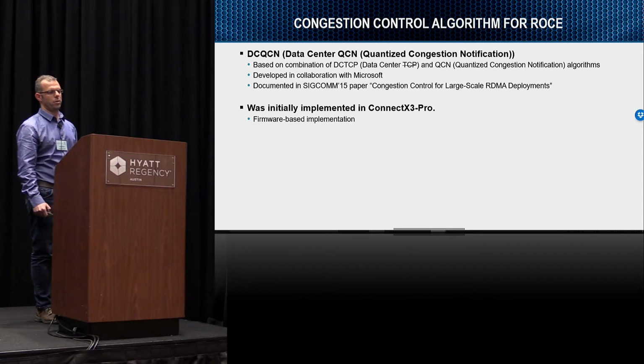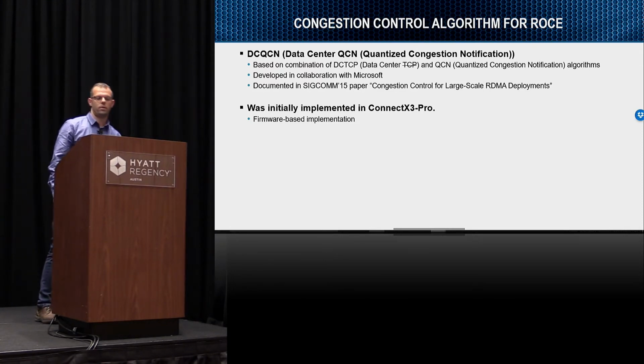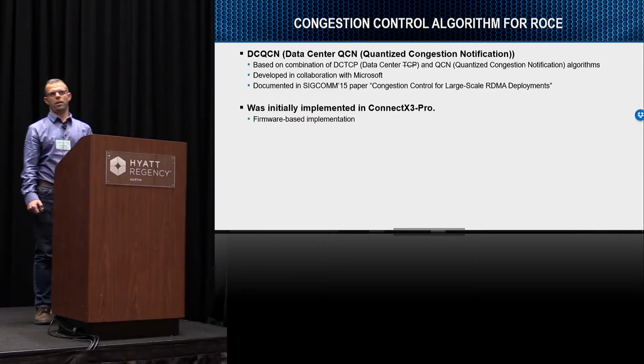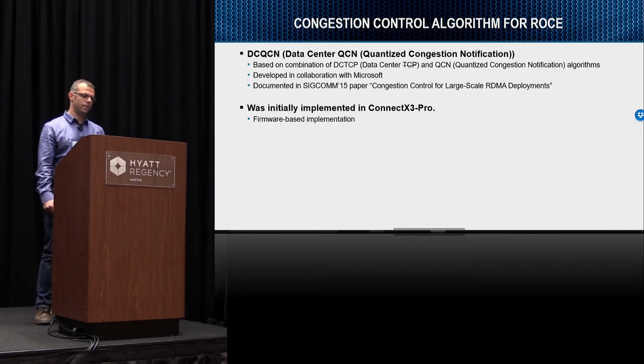Luckily, we have a congestion control algorithm for RoCE. It is called DCQCN, which is an abbreviation for Data Center QCN, which is in turn short for Quantized Congestion Notification. It is based on a combination of previously known algorithms, DCTCP and QCN.